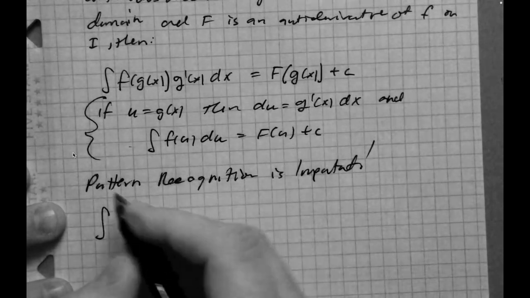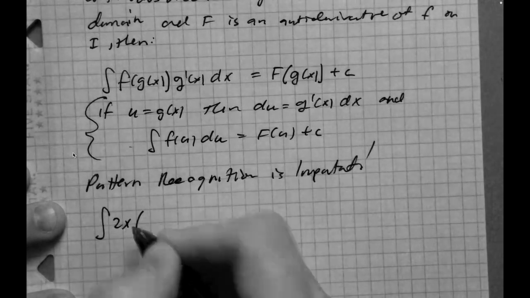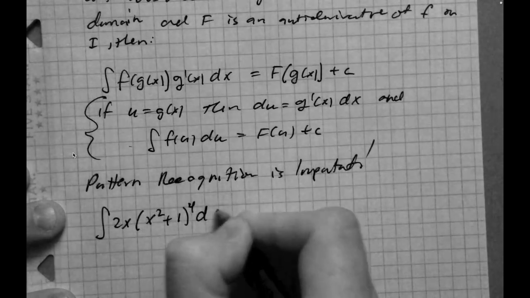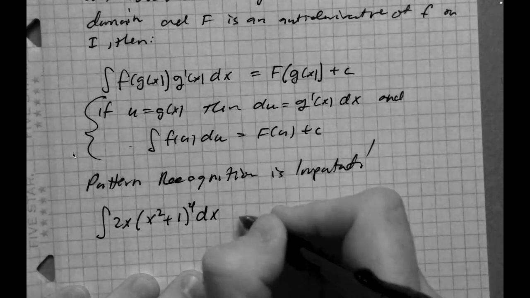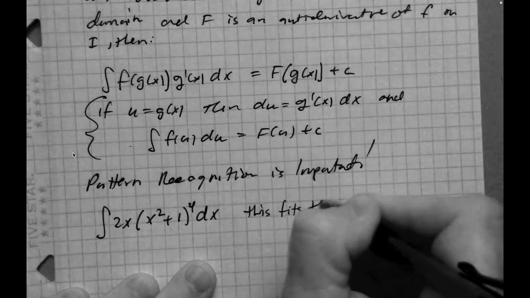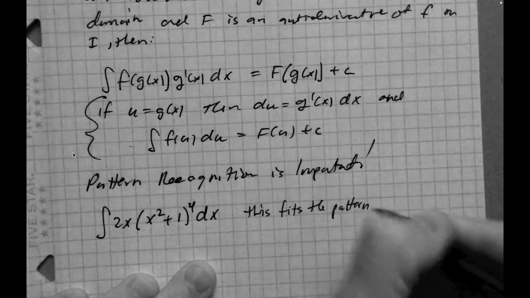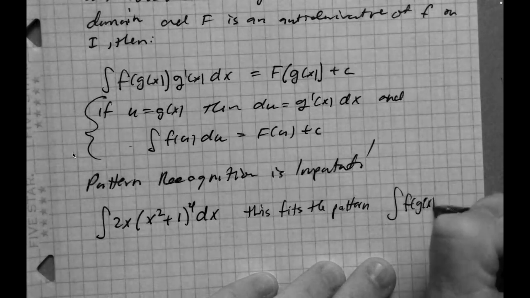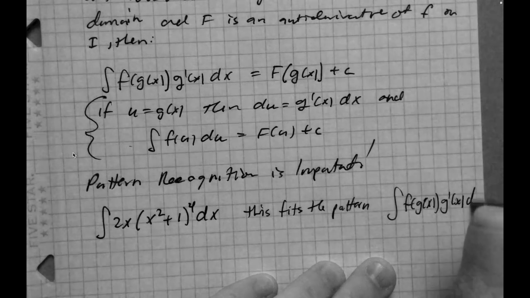So if I have the integral of 2x times (x squared plus 1) to the 4th power dx, this fits the pattern of the integral of f of g of x, g prime of x dx.